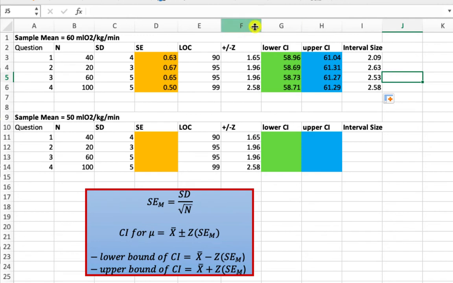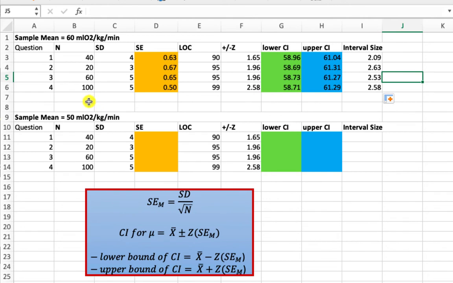So then we can look at our data and look at how the bounds of our confidence intervals change based on different factors that are also changing. So in our example, our sample mean stays the same, but our sample size does change.